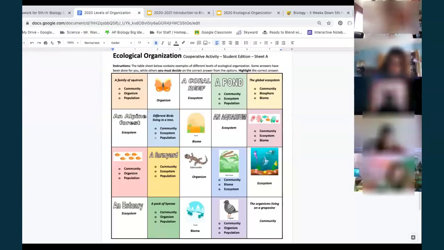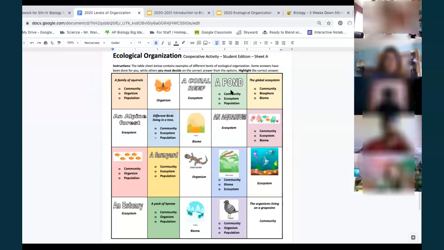Okay, so I'm going to give you an example, family of squirrels. So family of squirrels, all the same species, right? They're living in the same area. So that makes up a population. So anywhere you had a single species in an area is a population. The pond includes both abiotic and biotic because it's the water, it's the nutrients, it's all the organisms that live there.